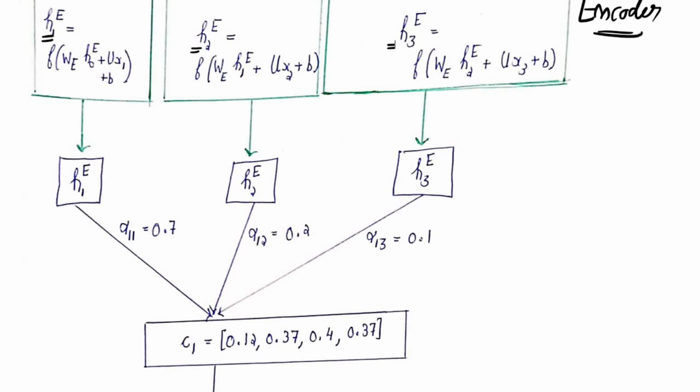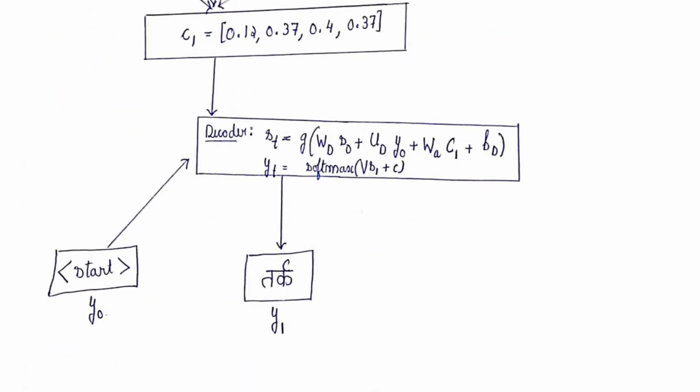And once we have got the context vector, we proceed with the evaluation of the decoder. It is the start of the sentence at y0, at y1 we get this as a word. Then the decoder will take into account all the things which we have calculated over here, and recursively use it to predict the next word, and so on.